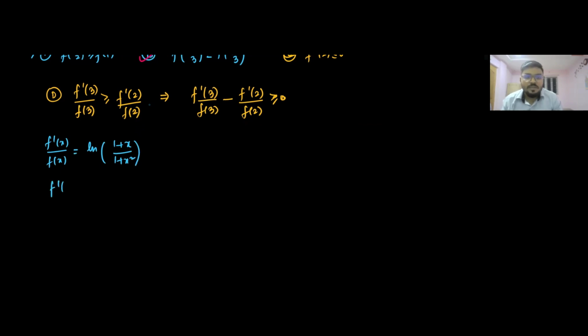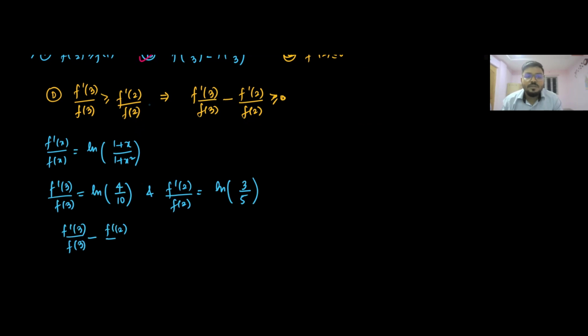So from here, f dash 3 divided by f of 3 will be ln 3 times (1 plus 3, which is 4) divided by (9 plus 1, which is 10), and f dash 2 divided by f of 2 will be ln 2 times (1 plus 2, which is 3) divided by (4 plus 1, which is 5). Now we have to subtract these. So f dash 3 by f of 3 minus f dash 2 by f of 2 will be equal to ln 3 times 4 by 10, which we can write as 2 by 5 ln 3, minus 3 by 5 ln 2.